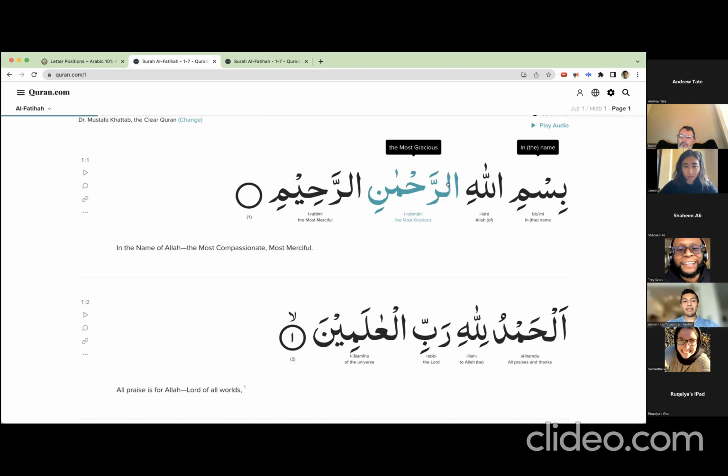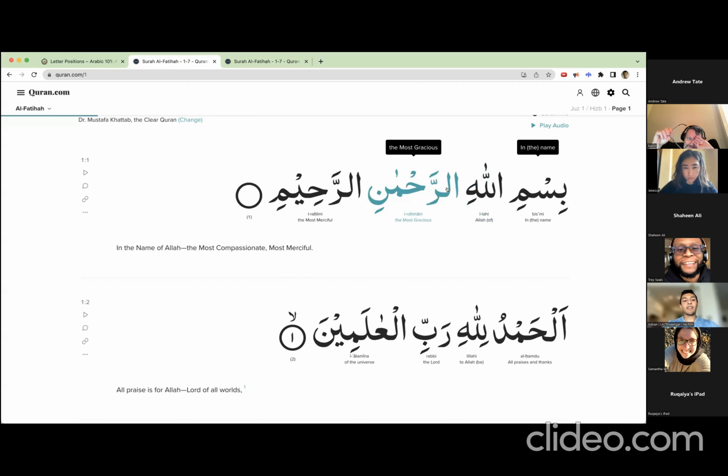Now, in Arabic, the al is the definite article. The lam, for certain letters, gets merged into the following letter. So you'll say al-bait, you pronounce the lam. Al-kitab, you pronounce the lam. But when it's followed by a ra, that's one of the letters where it merges into the following letter.